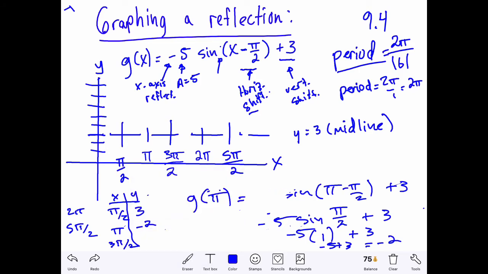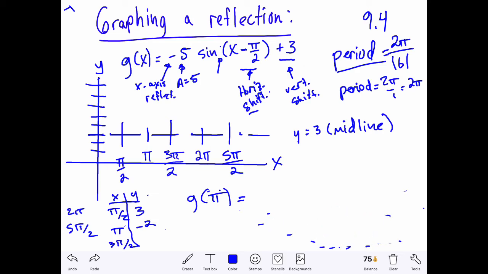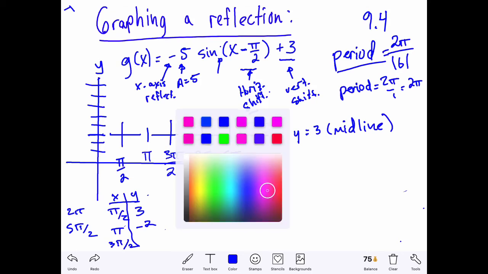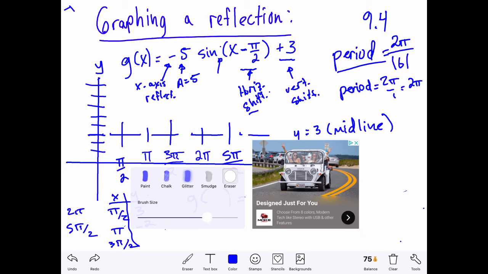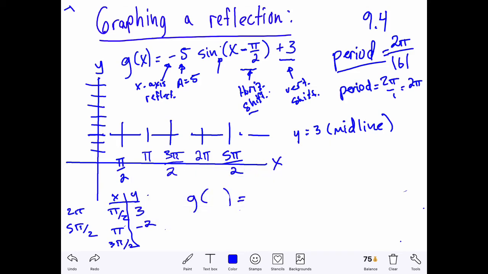Okay, let's erase. All right, let's do g of 3 pi halves. -5 sine of 3 pi halves minus pi halves plus 3.